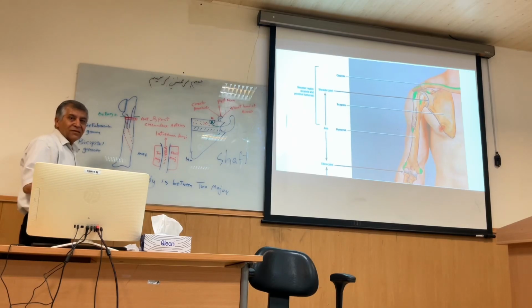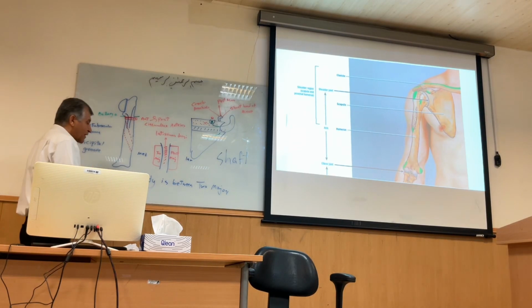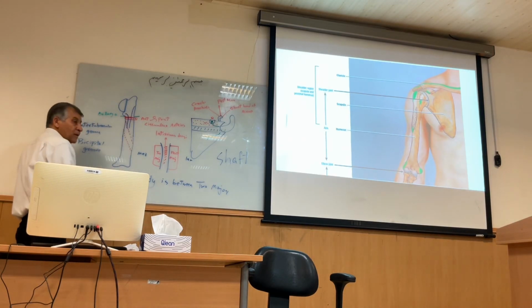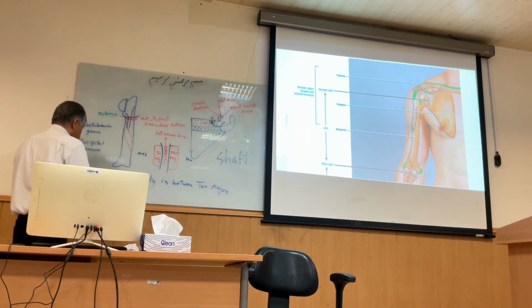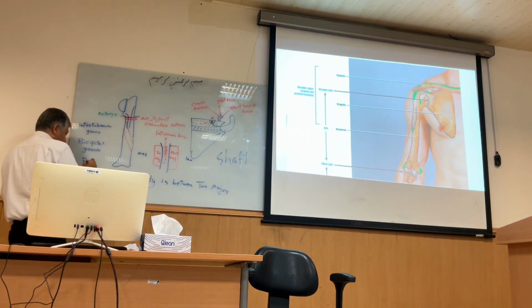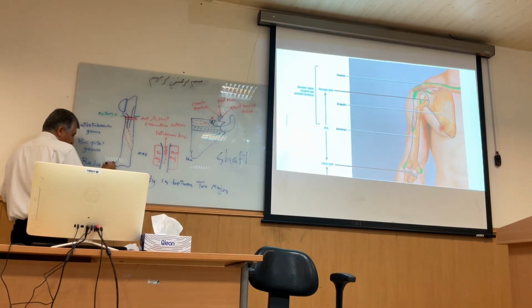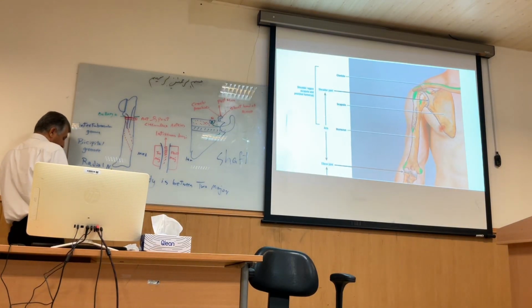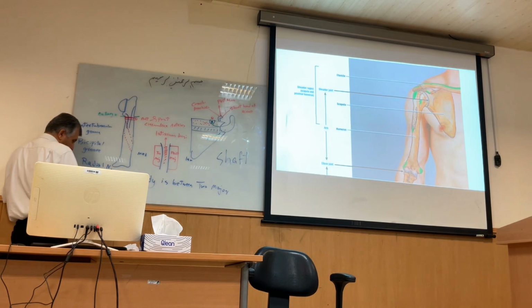This groove is called the radial groove, because it contains the radial nerve and the deep brachial artery.